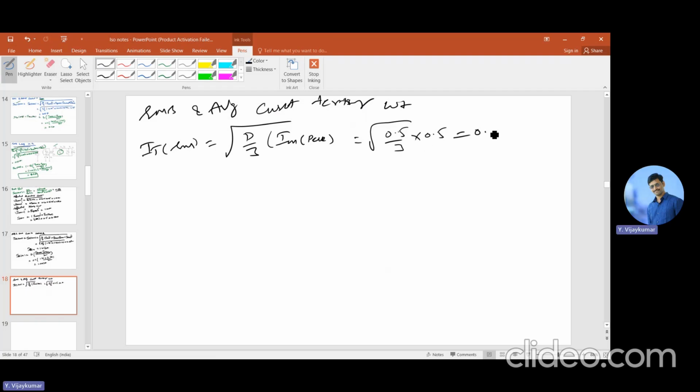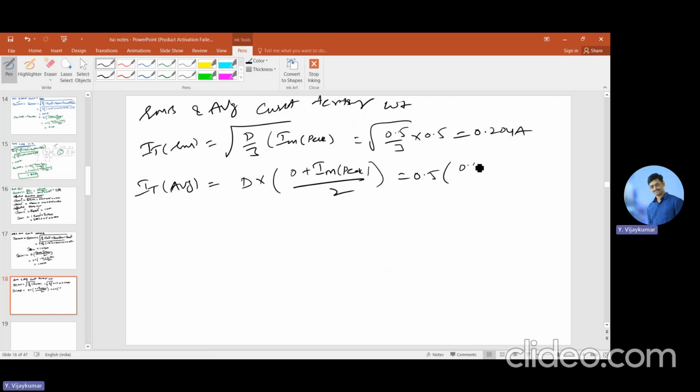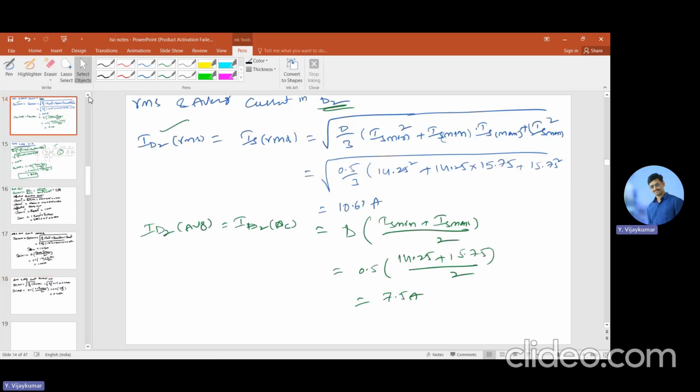It is equal to 0.204 amperes. Next, the tertiary average current is equal to D times, initially it is 0 current, so the maximum current is the peak of the magnetizing current, divided by 2. It is equal to 0.5 into 0.5 by 2, that is equal to 0.125 amperes. So this is the answer here.